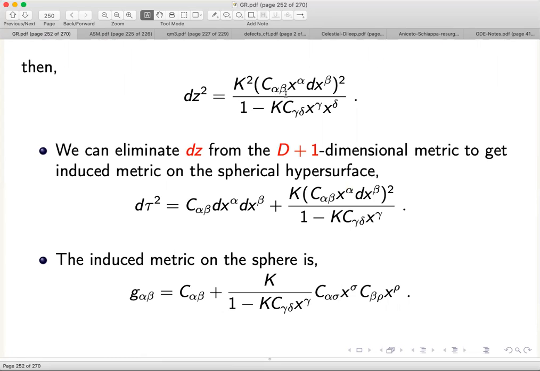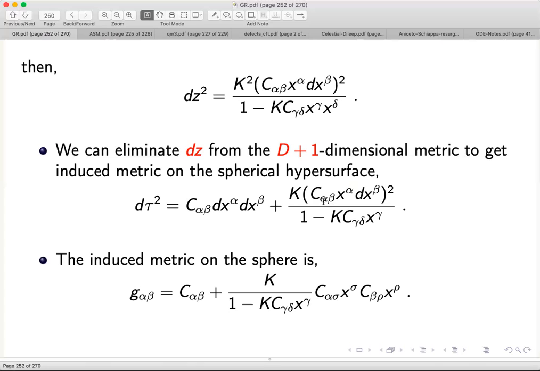So you write this as C alpha beta dx alpha dx beta times C gamma delta, or rho sigma, dx rho dx sigma. That is the kind of quantity it is. So maybe this is a bad notation because it would give you the impression that this alpha beta and this alpha beta are the same. Actually, they are not. So I should probably write C alpha rho.